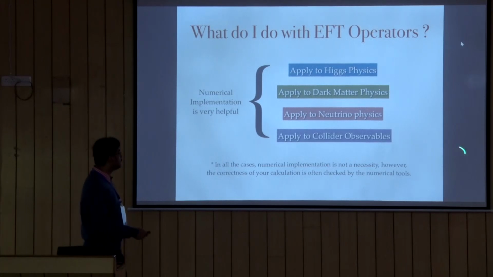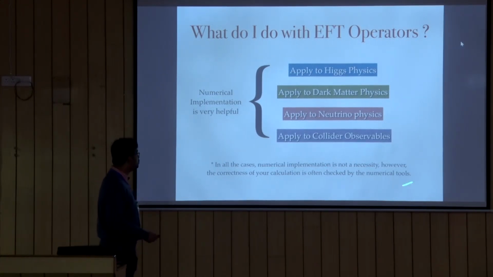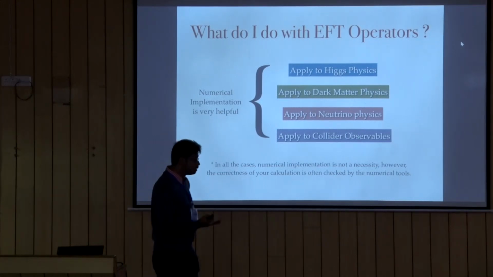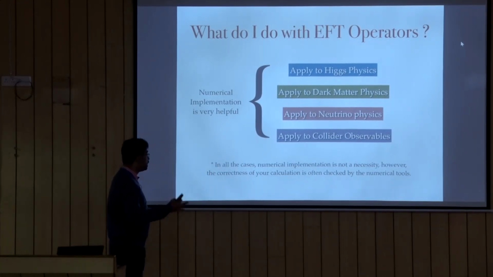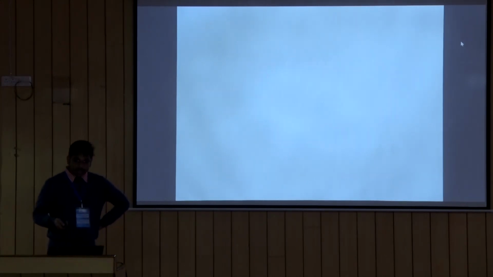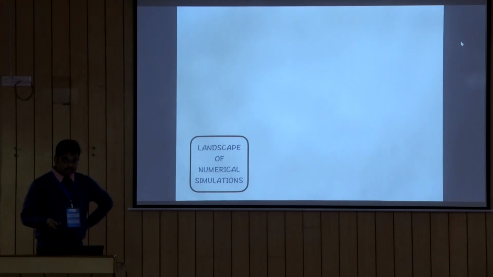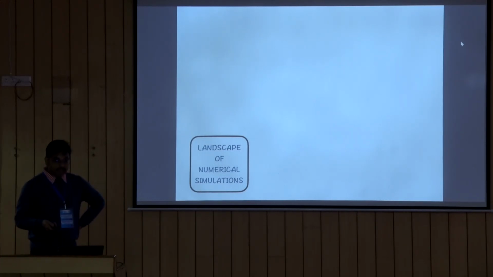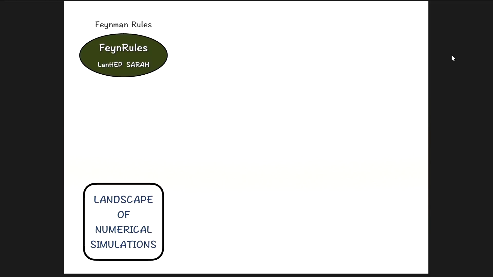So it's better that you put these operators in this numerical tool, check their consistency, calculate their cross sections, and then match to your analytical calculations. Okay, all right. So this is just a glimpse of the landscape of numerical simulations that one can do.